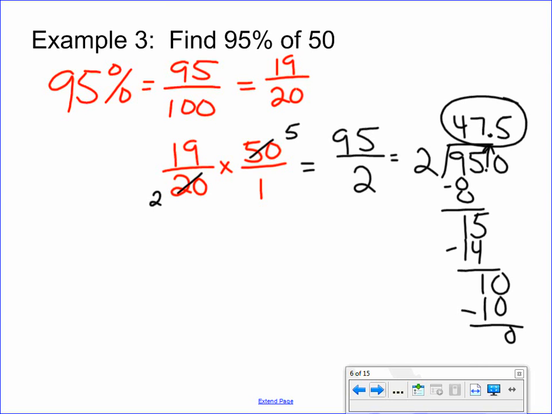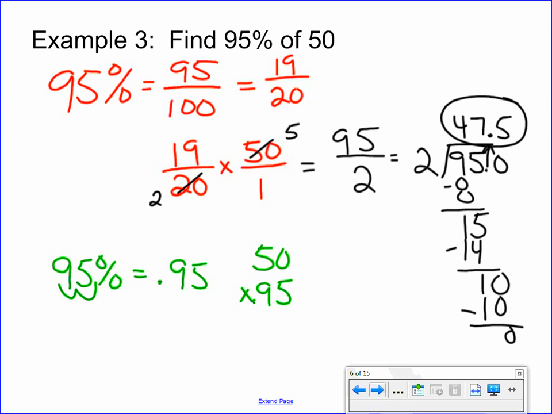Watch how easy it is when I use the decimal form. Remember, 95%, move my decimal 2 spaces to the left, so I have 0.95. Now all I have to do is take 50 times 0.95. My decimal's not showing up very well. There it is. 5 times 0 is 0. 5 times 5 is 25. 0 to hold my place. 9 times 0 is 0. 9 times 5 is 45.